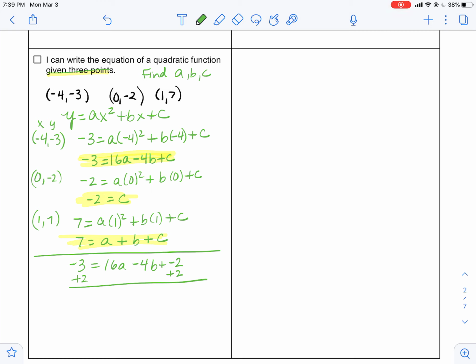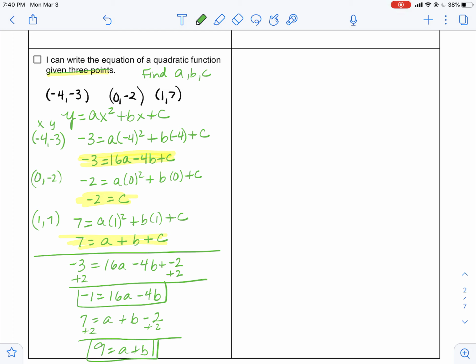So I have -1 equals 16a minus 4b. Okay. I'm going to do the same thing with the last equation: a plus b, and again, plus c, or minus 2, however you want to do that, plus 2 plus 2. I get that 9 equals a plus b. So, okay, there's my other equation.